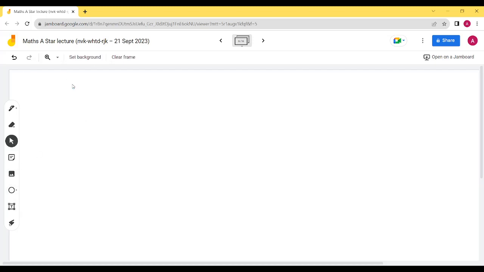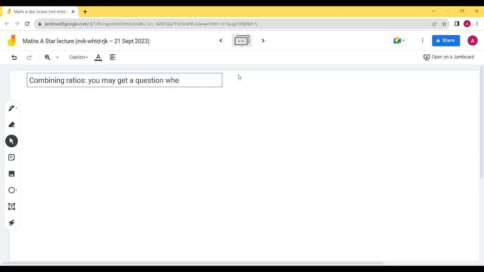So in this, we're going to call it combining ratios. So you may get a question where you are given two ratios and you need to combine them to make one ratio.